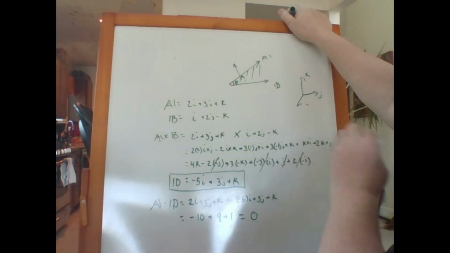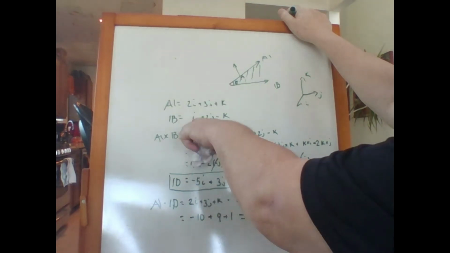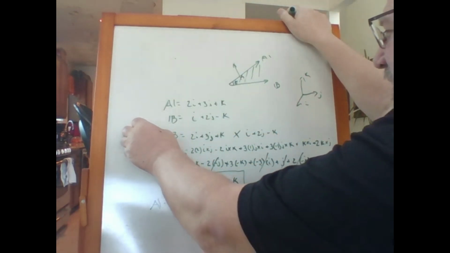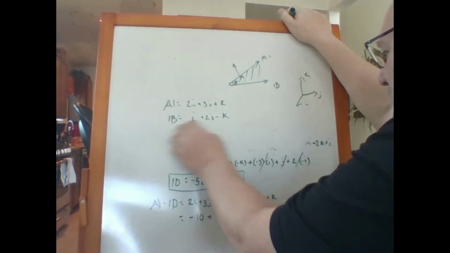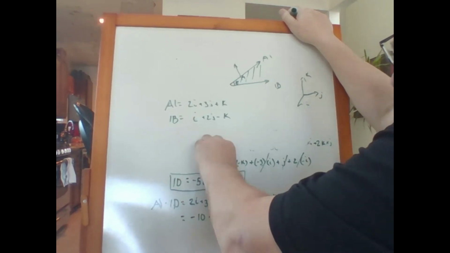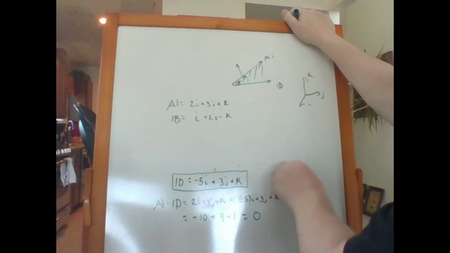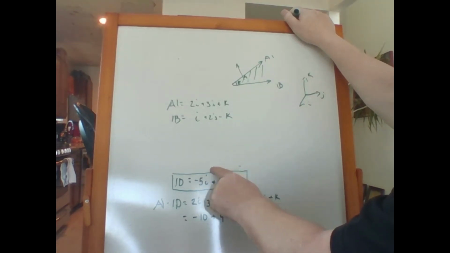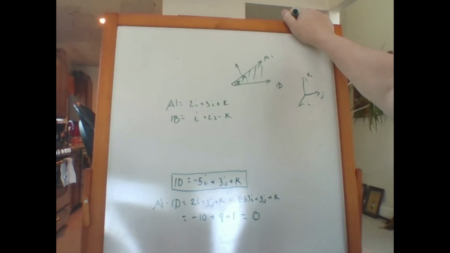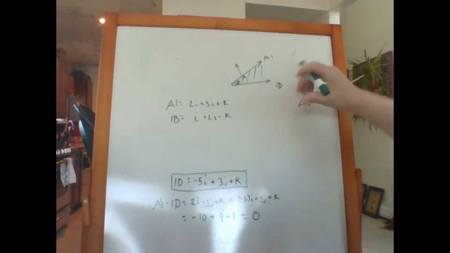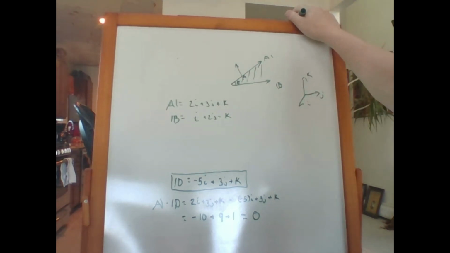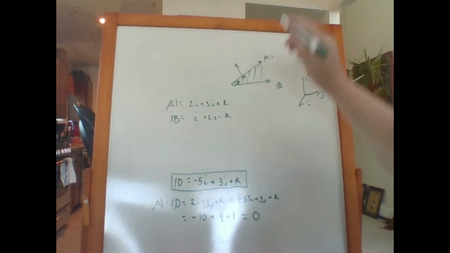Now let's take a look at this dot B. We don't need all of this anymore. I think the important thing is being very fastidious about the order of the cross product and getting the curls right, you know, the direction of your vectors correct.